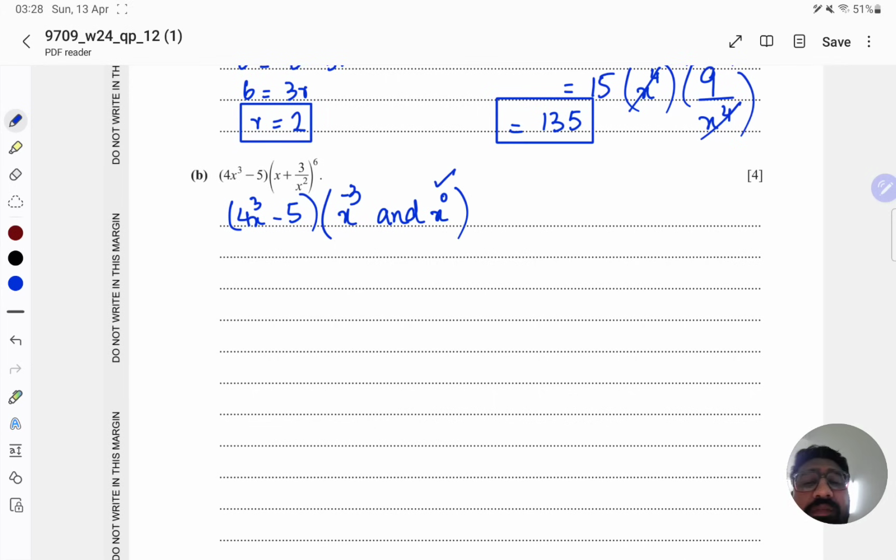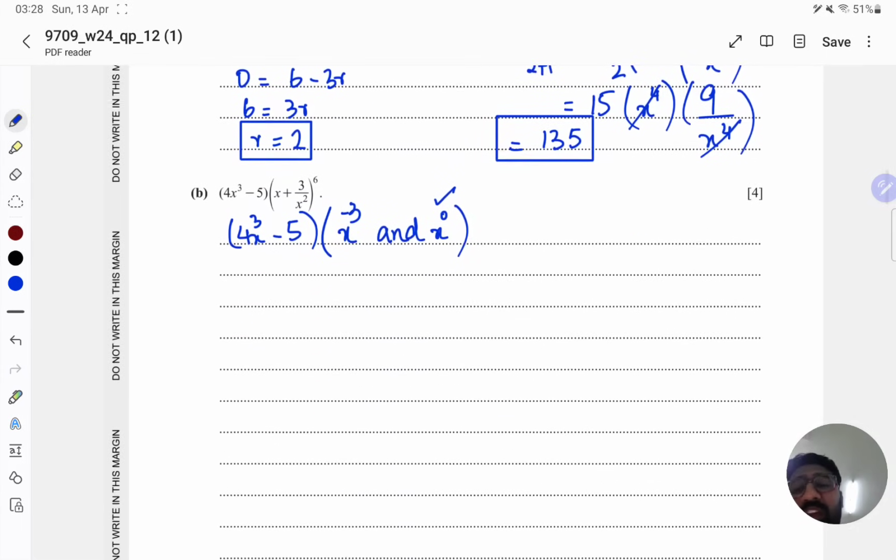I already have the x power 0 coefficient, so I only need to find the coefficient which will be part of x power minus 3. So I'll repeat the same procedure. I'll find out which value of r is going to yield me that specific coefficient.